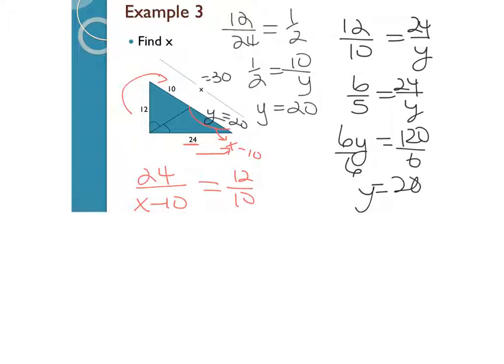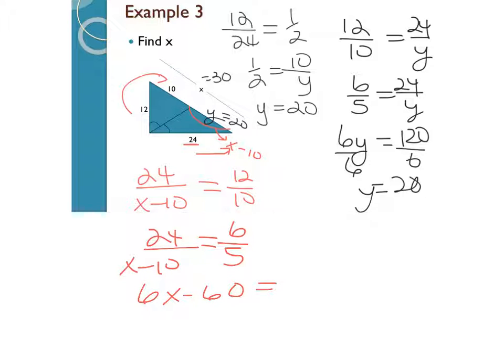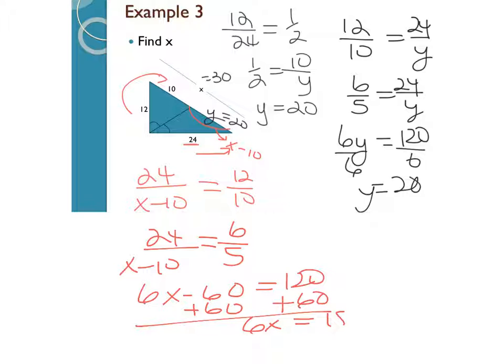Again, if you wanted to simplify the 12 over 10 to 6/5 first, and then multiply what's left, here we would get 6x minus 60 equals 120. Add that, and then 6x equals 180, divide by 6, and then that x was what we were looking for, and it's 30.